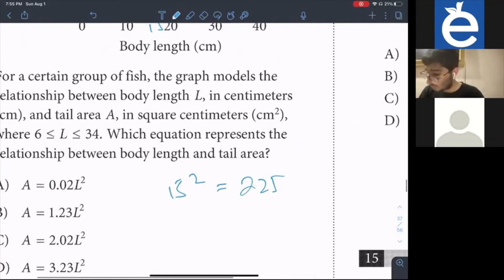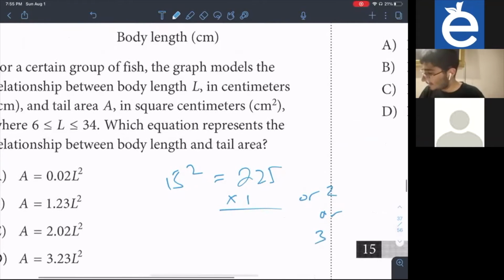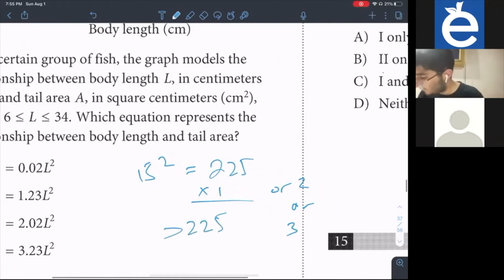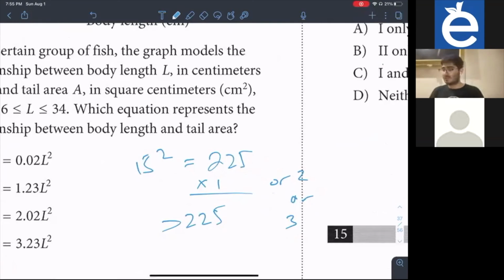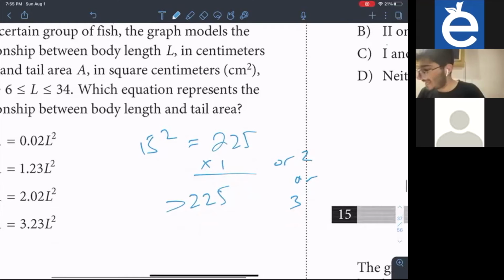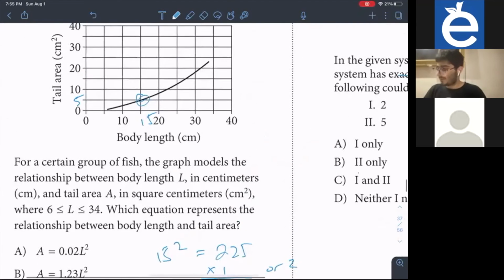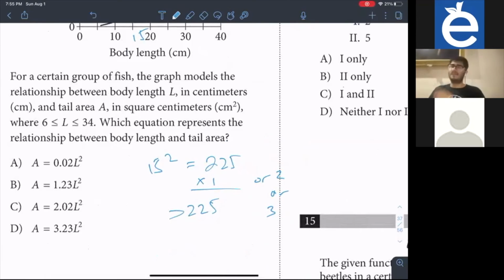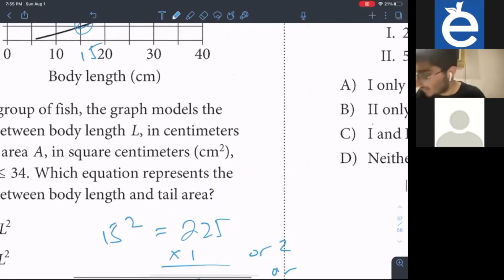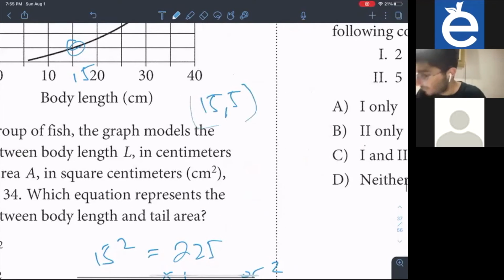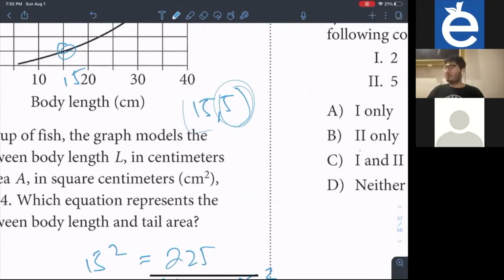So 225, anything times 1 or 2 or 3, will give you anything greater than 225, because 225 times 1 is 225, 225 times 2 is 450, and 225 times 3 is 675. So you can't do that either. Because 225 or 450 and 675 do not equal 5, because that's the coordinate that they have on the graph, 15, 5. So the y value, or the output, has to equal 5.